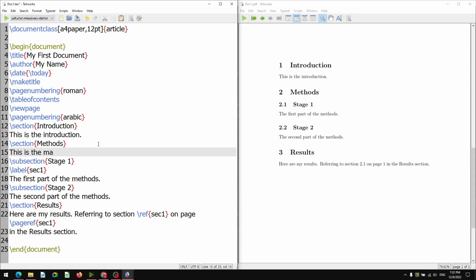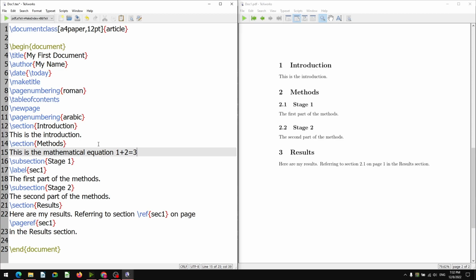This is the mathematical equation. If you write the number directly with regular symbols, it can also be taken as part of the sentence.